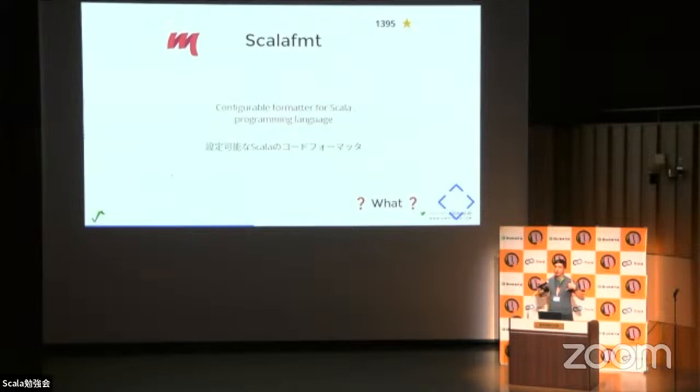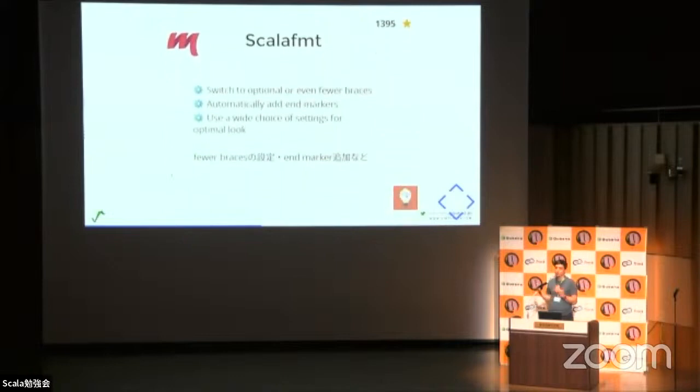Scalafmt is a configurable formatter that changes your code and applies certain rules to make sure that the code looks nice. Some nice features that you might want to check out is, for example, there's an easy way to rewrite your code to use optional braces or even fewer braces, so drop all the braces.